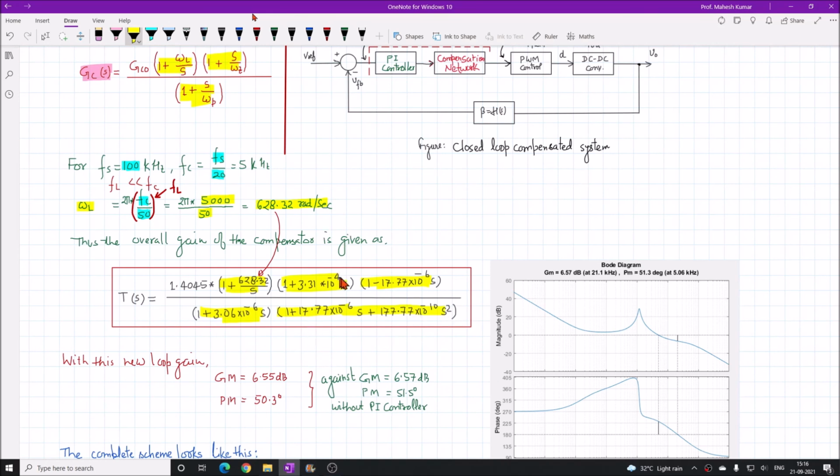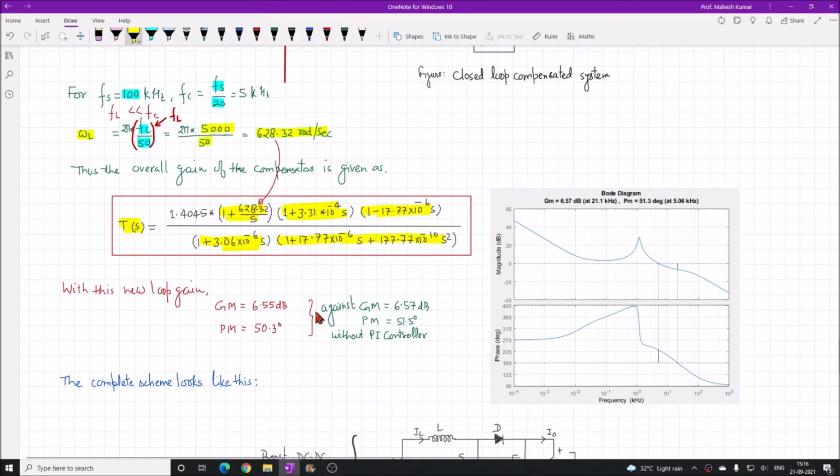So this makes the overall transfer function T(s). We study its Bode plot and find the gain margin and the phase margin, and we see that the gain margin is 6.55 decibels and the phase margin is 50.3 degrees, which are quite positive and ensure that the system is stable.